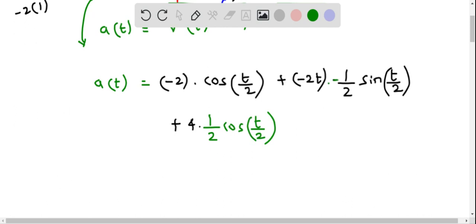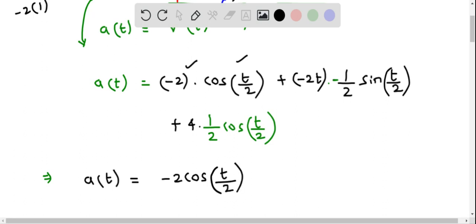We now simplify this. So we write the acceleration function, that is a of t, and this equals negative 2 times cos of t by 2, this is negative 2 cos t by 2. And then we have negative times negative is positive. We can cancel the 2 with the 2 in the denominator.